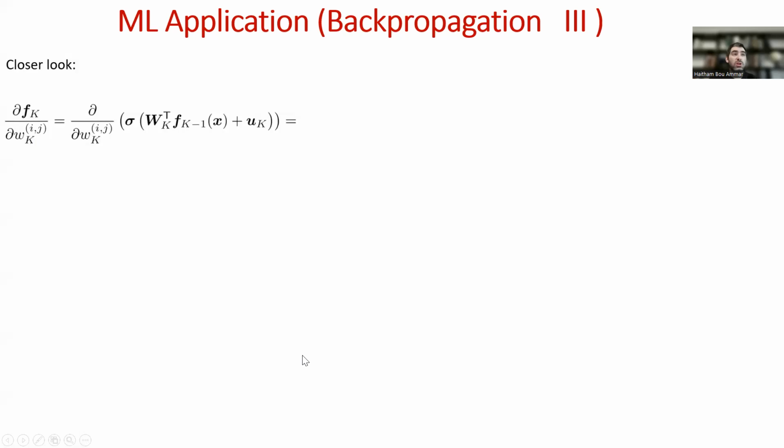Now let us take a closer look at how this computation will take place. We're going to focus on this second factor term.